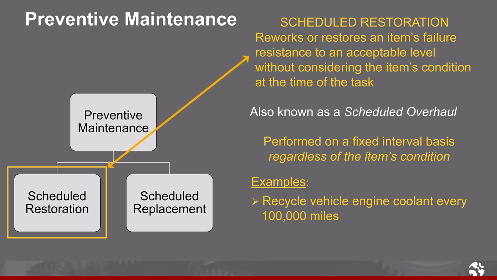An example could be recycling a vehicle's engine coolant every 100,000 miles, or cleaning the cooling tower filter every shift. Note here that the coolant is going to get recycled every 100,000 miles no matter what, and the cooling tower filter is getting cleaned every shift, regardless of its condition at the time.